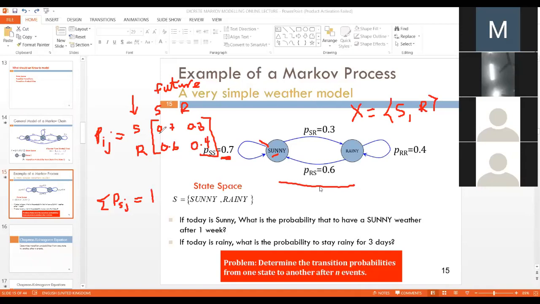PSj means it can be in state S or state R in the future. That will be 0.7 plus 0.3, and when you add, you get 1. The same way from R to S is 0.6 and from R to R itself is 0.4. So 0.6 plus 0.4 should be equal to 1.